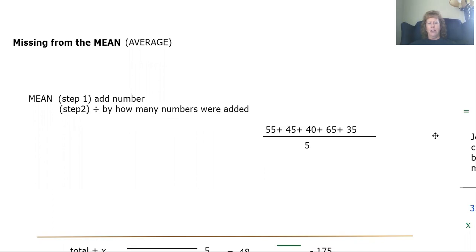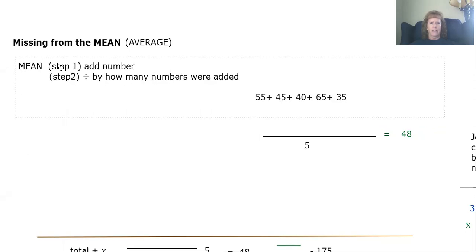Give you a chance to do that. Add those 5 numbers and divide by 5. You'll get an average or a mean of 48. So that's usually the way that you find the mean.